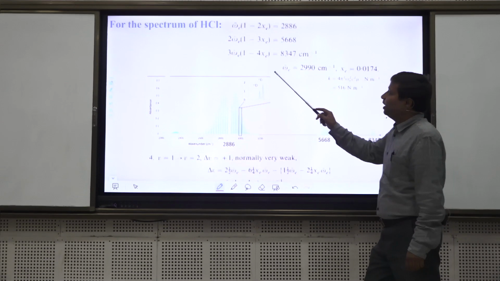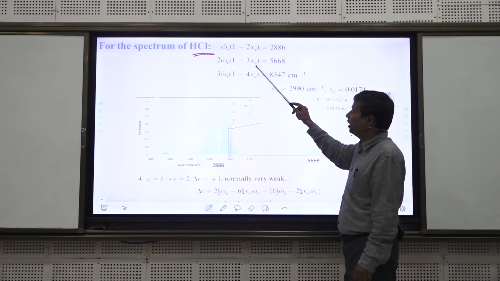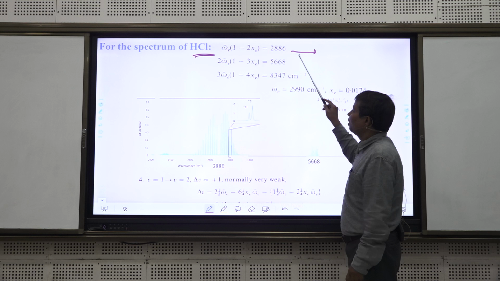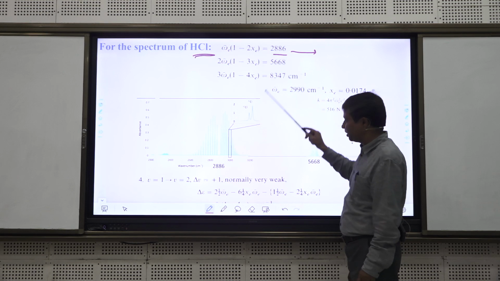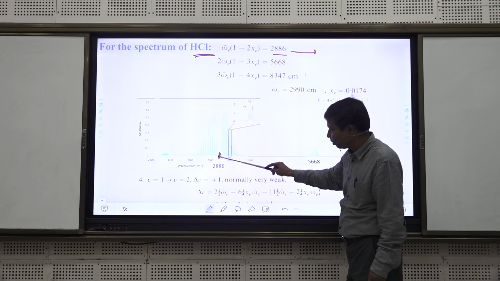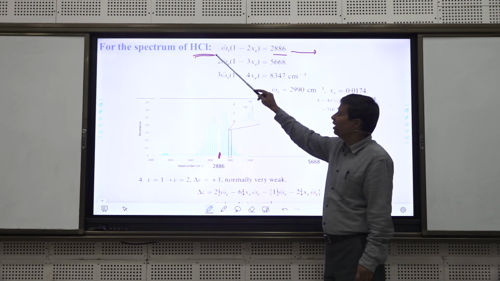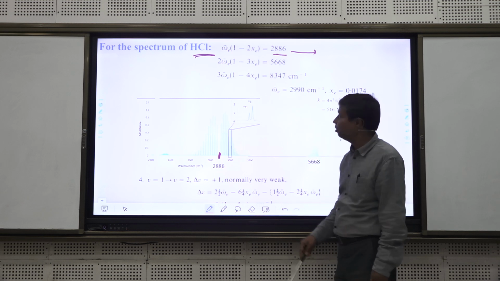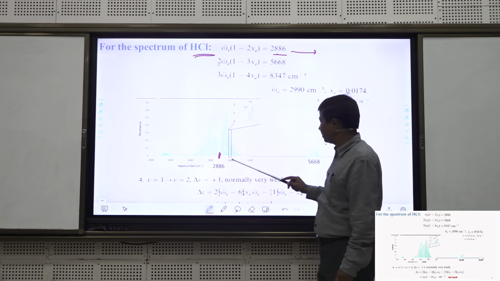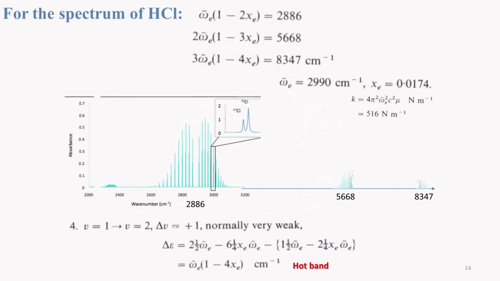Say for HCl, with that data we can calculate: the strongest band comes at 2886. The expression was omega E 1 minus 2Xc, so 2886 is equal to that. The second band comes at 5668.